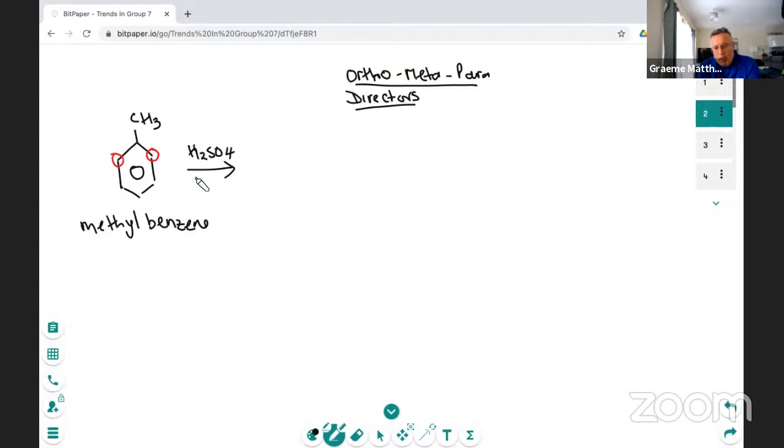If you then react it with an electrophile, which I'll talk about in a bit, okay, it's going to favor putting the electrophile on the second carbon. All right, that's what it does.